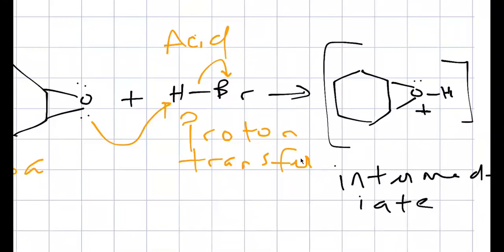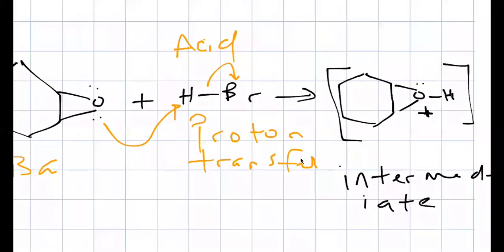Is it real or is it just theoretical? All right. The difference in the intermediate and transition state is the intermediate is a real species. I can actually trap it and see it. The transition state is only theorized, right? I can't see it. I can't touch it. It's an imaginary structure.